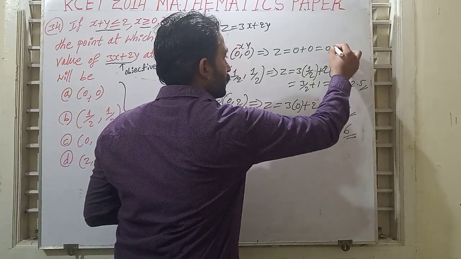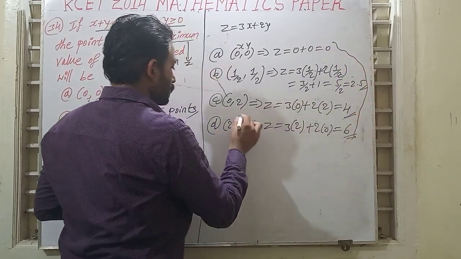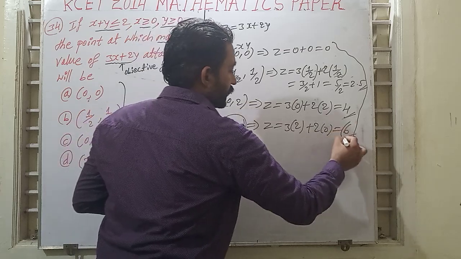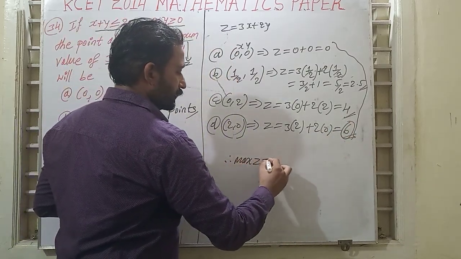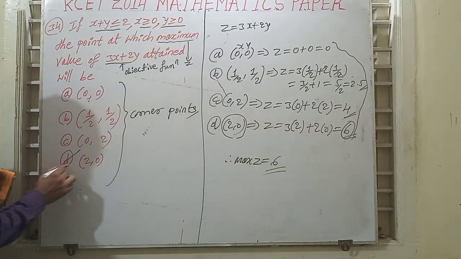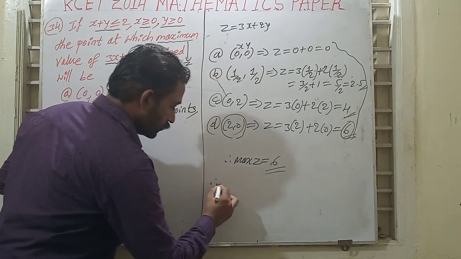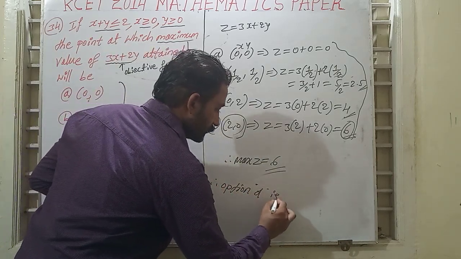Among these values, which one is maximum? At (2, 0) it takes the maximum value, so the maximum of z is equal to 6. Option D is correct.